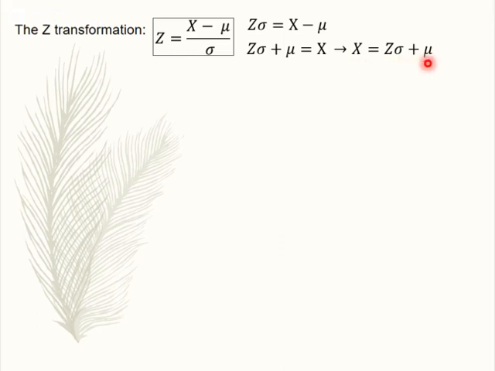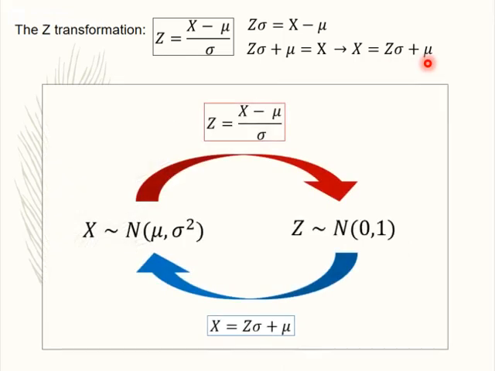This is summarized in this graph here. If you have a value of x and you want to use the normal tables, you use this formula to get to z. But if you have a value of z and you want to convert it back to a value in terms of x, you just use that transformation rearranged so that x is the subject. So you put z times sigma plus mu.